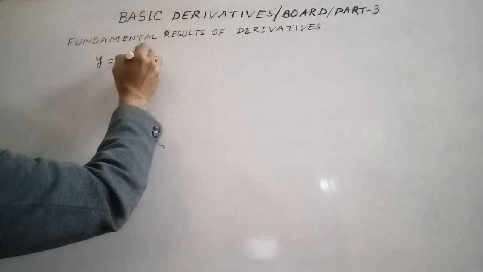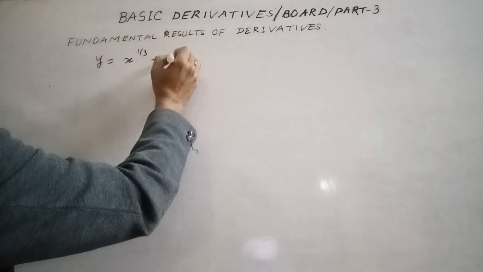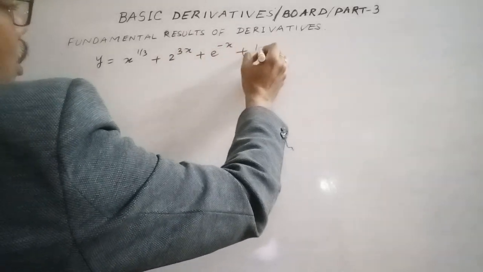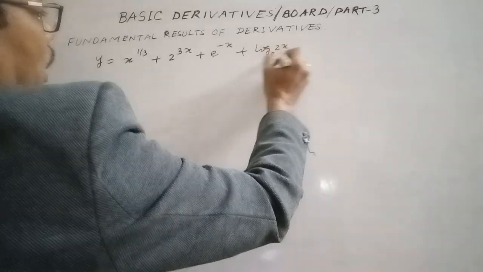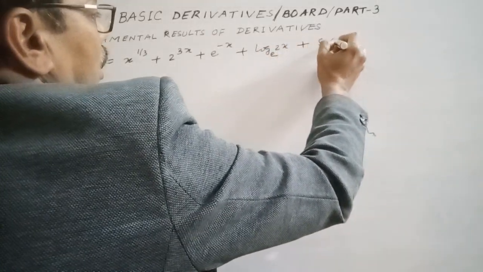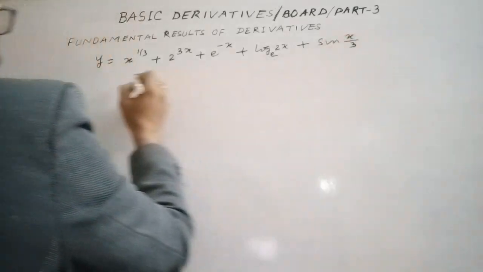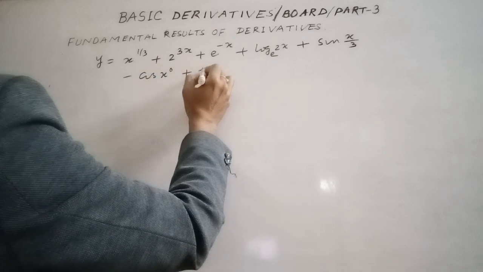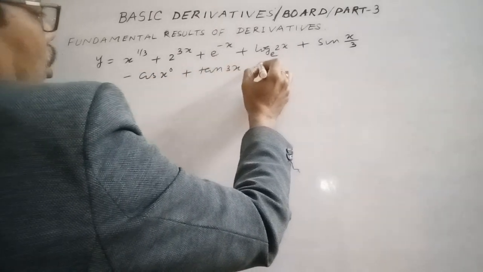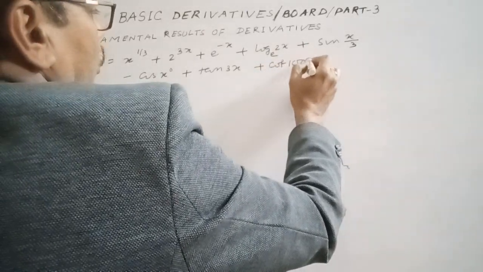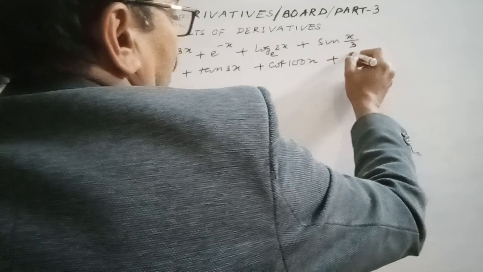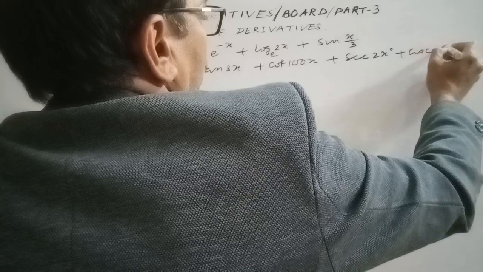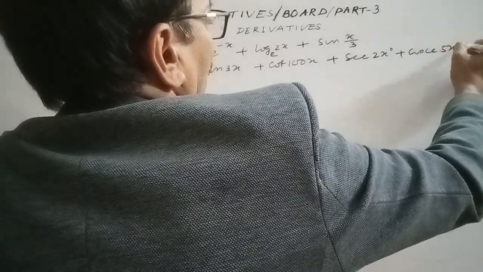Suppose y equals x to the power 1 by 3 plus 2 to the power 3x, e to the power minus x, log 2x, sin x by 3, cos x degree, tan 3x, cot 100x, sec 2x degree, cosec 5x plus 3.